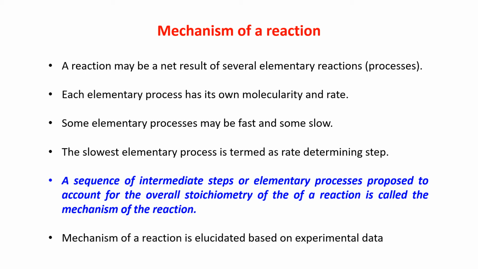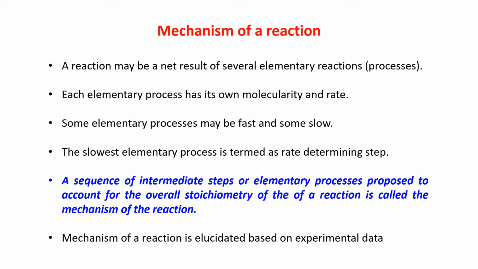All these four points you know. The fifth point: a sequence of intermediate steps or elementary processes proposed to account for the overall stoichiometry of the reaction is called the mechanism of the reaction. Mechanism of a reaction is elucidated based on experimental data.